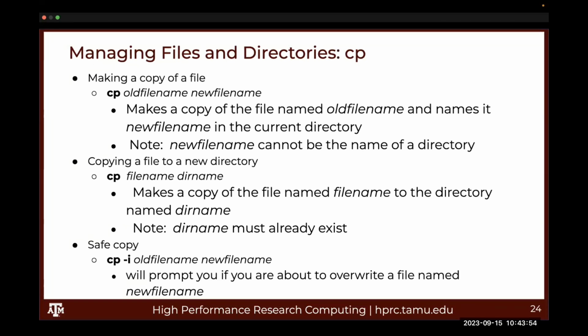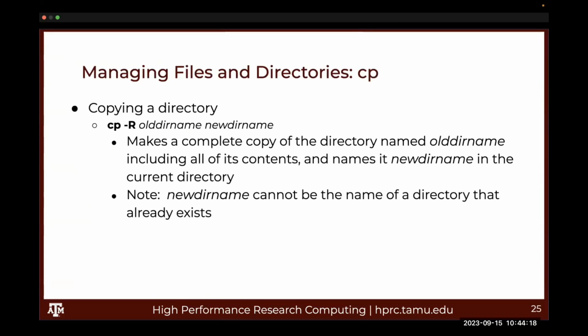But you should have that directory already created. Or if you try to copy a file to a new directory name that doesn't exist, it'll just copy the file to that name. And again, we have that -i for safe copying if you're going to overwrite a file.